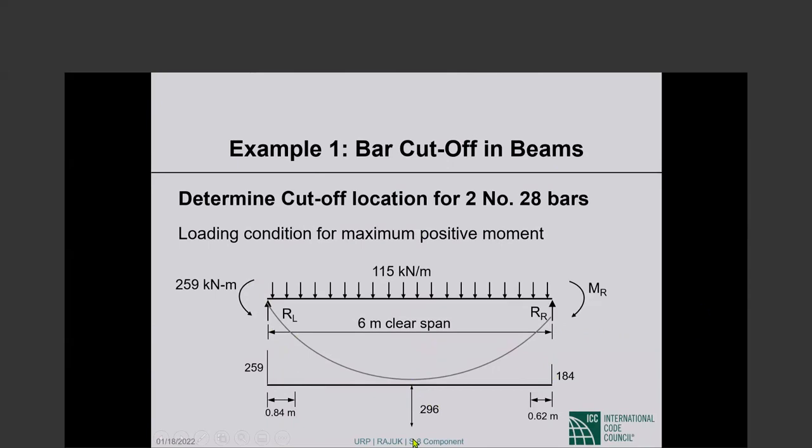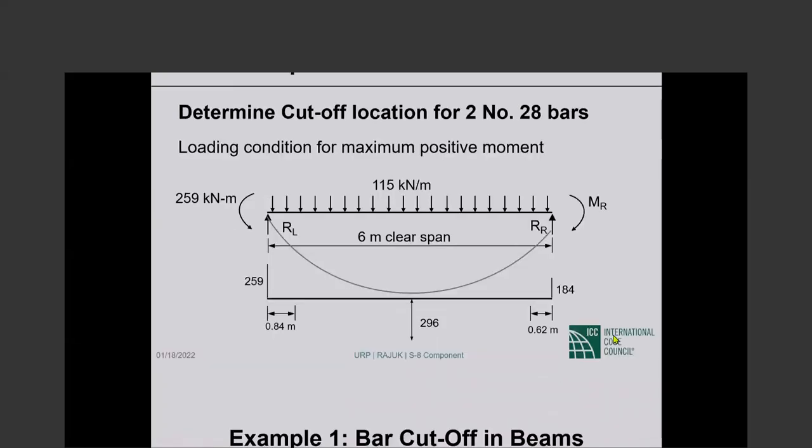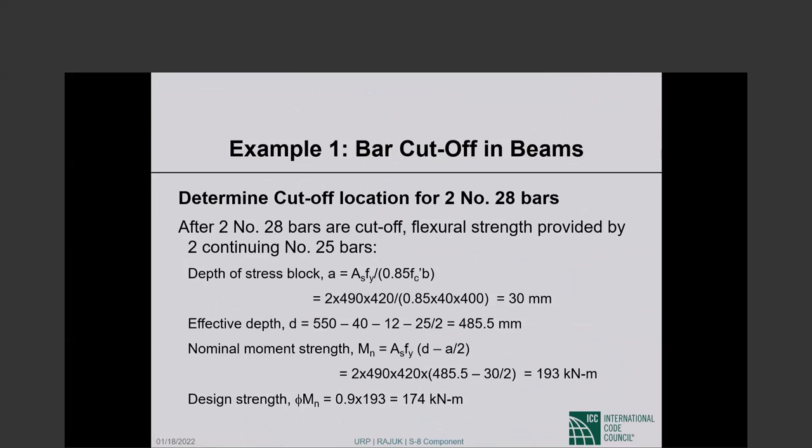From this diagram, we can calculate that the inflection point is 0.84 meters from the left support and 0.62 meter from the right support. After two number 28 bars are cut off, the flexural strength provided by the two continuing number 25 bars has to be calculated.